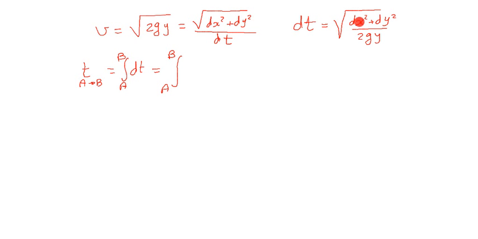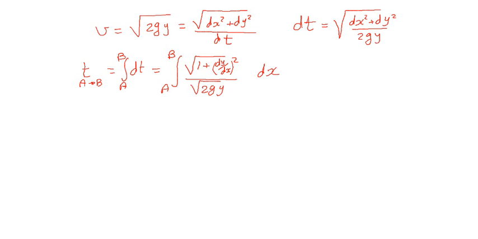Of course, when you take it outside, it will be just a dx. So we are left inside with 1 plus dy over dx the whole squared, divided by the square root of 2gy, and we got dx outside.